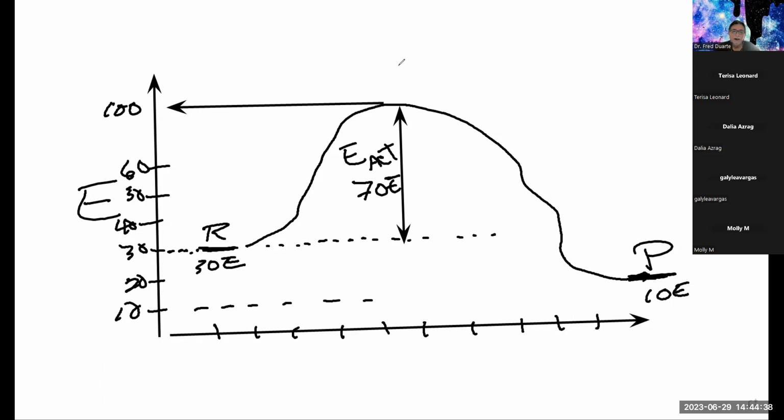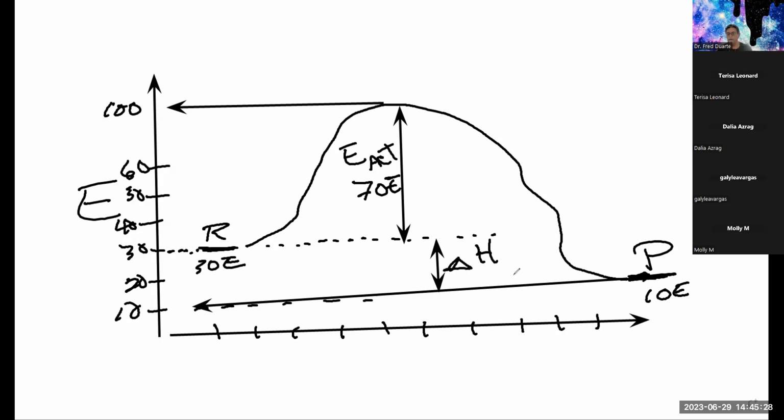Now, if I take where the products ended up and I extrapolate and find out where we started, obviously we started at 10 units of energy, but if I extrapolate where the reactants started and where they ended up, that difference right here between where they started and where they ended, we call that delta H. That is the energy of the reaction, which if we calculate that, remember again, when we measure the change of anything, we take where we ended up minus where we started.